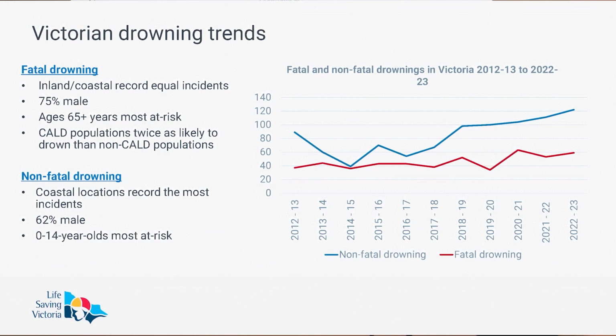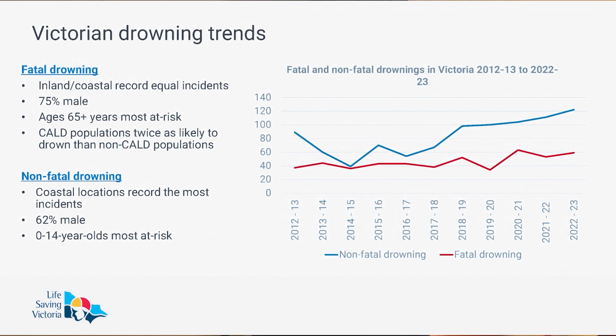Fatal drowning is pretty much a 50-50 split when it comes to inland waterways and coastal environments. A lot of people think that a lot of drownings happen on the beach, on the coast, in the waves, in the treacherous water.